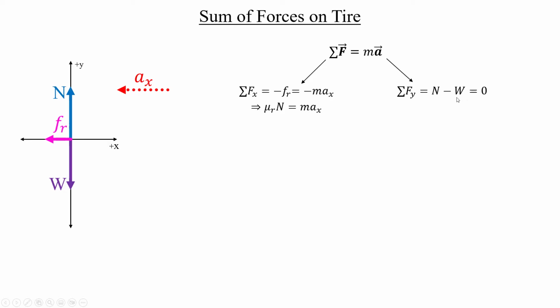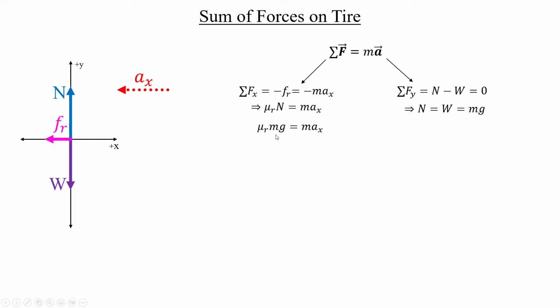And that's really easy. We can just move the weight over to the other side, and we can exchange it for mg. And, well, that's cool. We can bring mg in over on the left-hand side here for N. So now we have mu sub r mg equals ma.